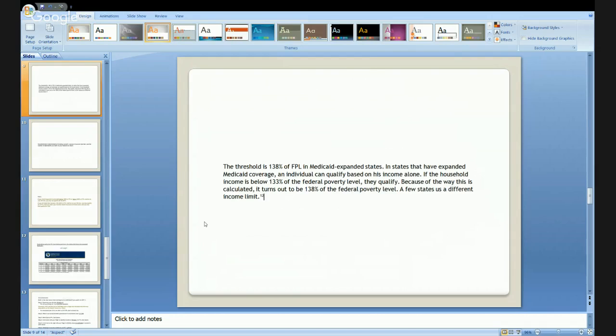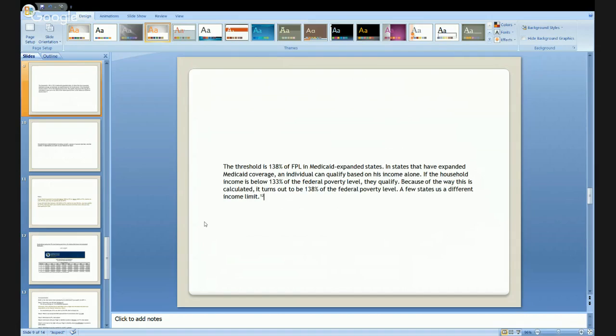In states that have expanded Medicaid coverage, an individual can qualify based on his income alone. If the household income is below 133% of the federal poverty limit, they qualify. Because of the way this is calculated, it turns out to be about 138% of the federal poverty level.